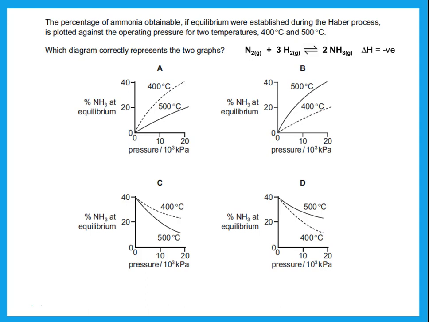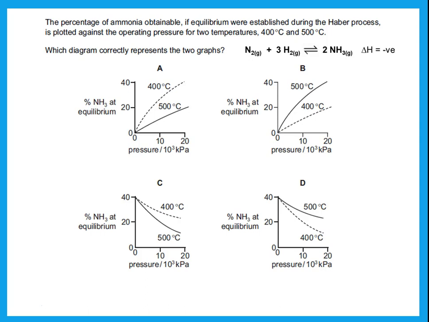If I want to go forward, and that means increase the percent ammonia, should I use higher temperature or lower temperature? Well, we said the forward is exo, and to go forward we need to lower the temperature. So I'm looking for a graph in which 400 degrees gives more ammonia than 500 degrees, because as we lower the temperature, the reaction moves forward, so it forms more ammonia.